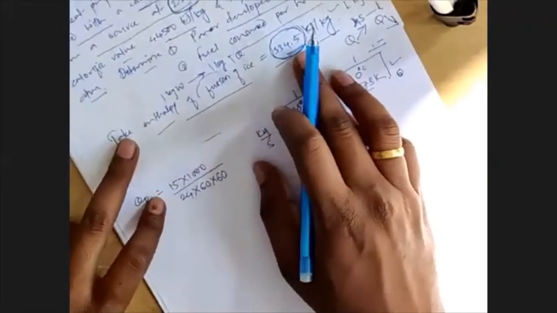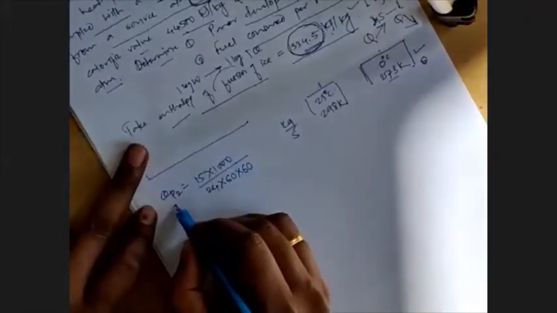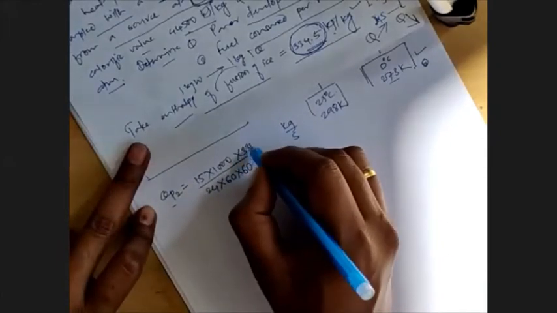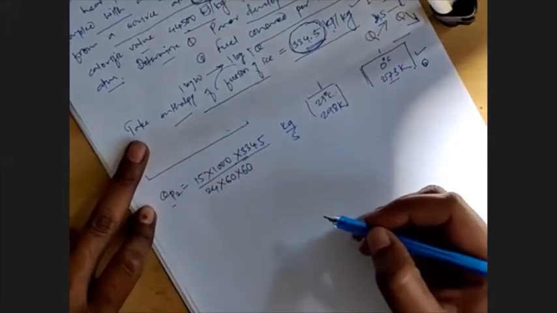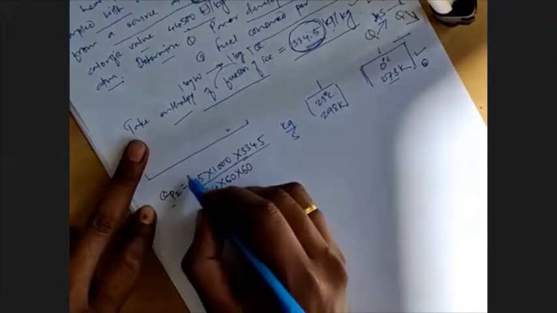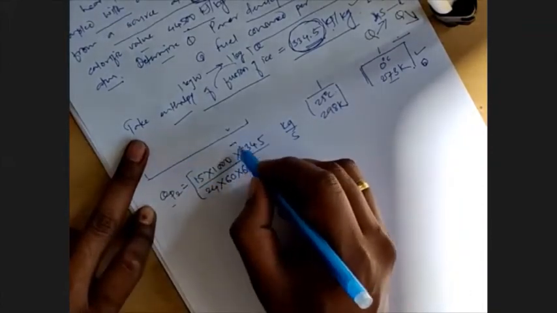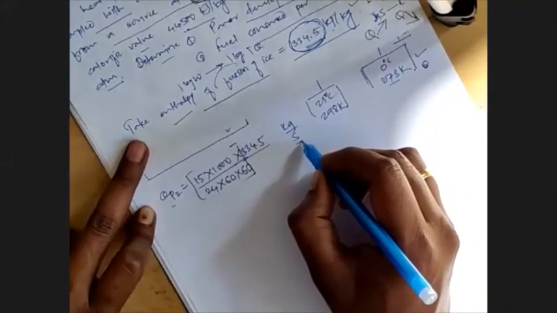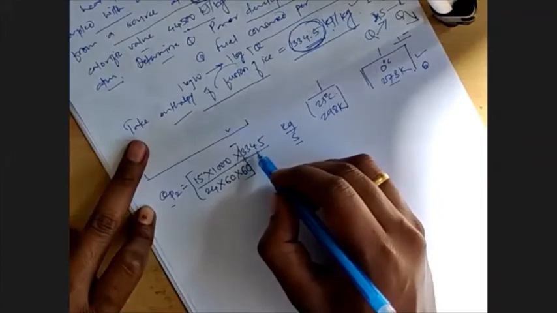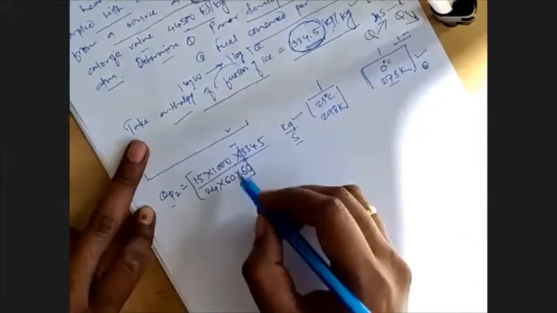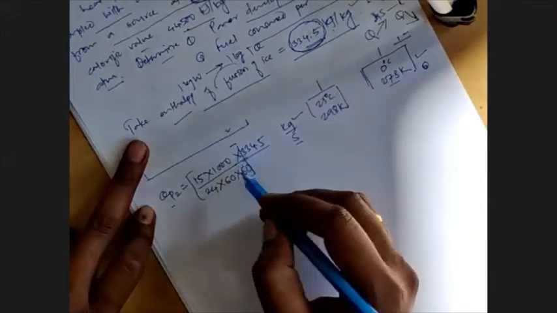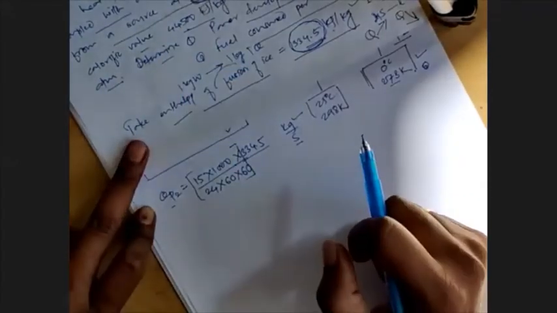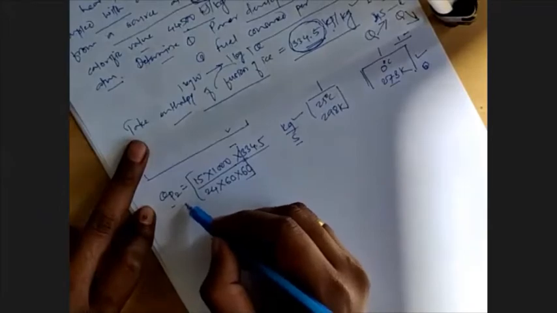So if I want to calculate the total QP2, I need to multiply it by 334.5, because this was the total rate of production of ice per second. I know the amount of heat to be extracted for 1 kg, so the product of all these things is the total heat to be extracted. Now I have got the QP2 value.